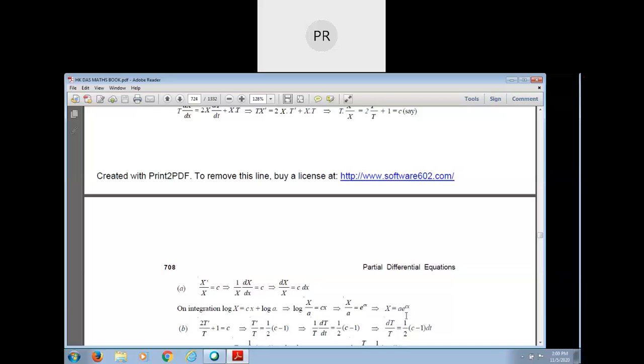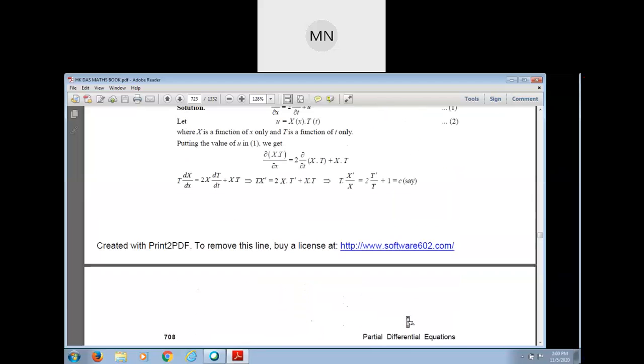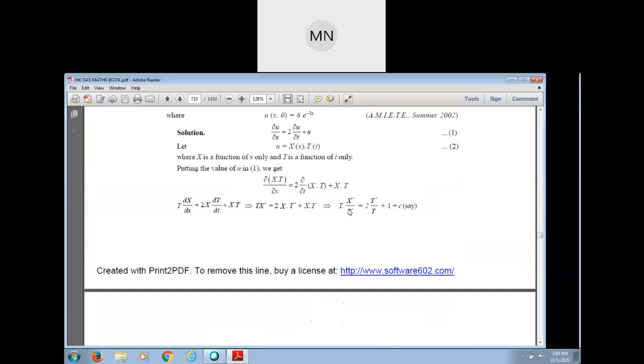Ma'am, the first line. Which line? This one. Tell me how u(x, 0) equals 6 e to the power minus 3x.